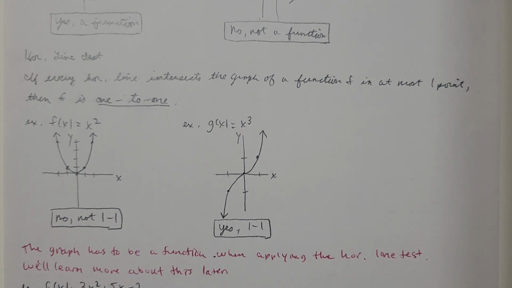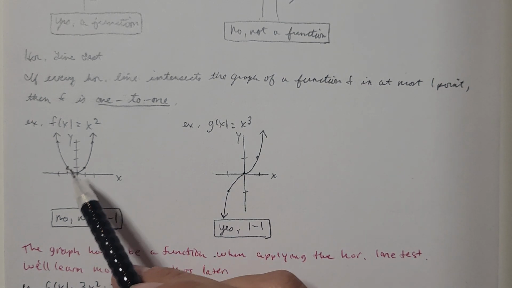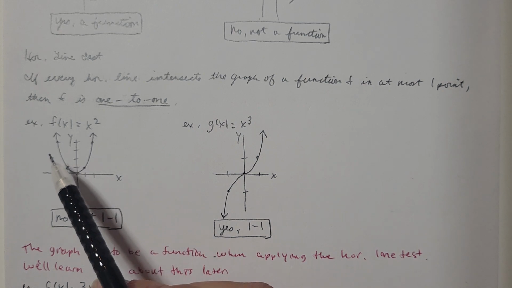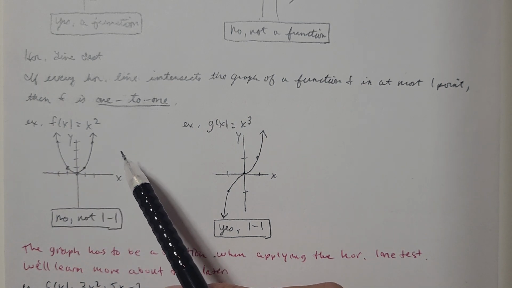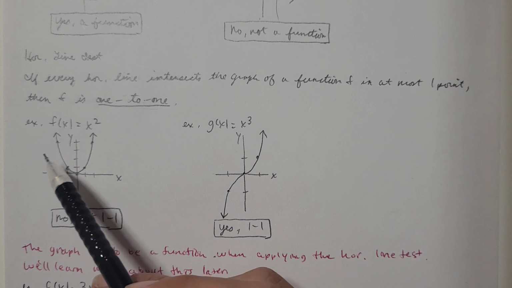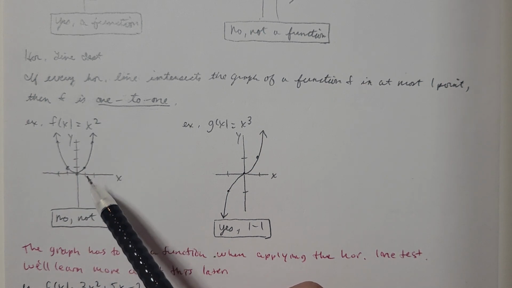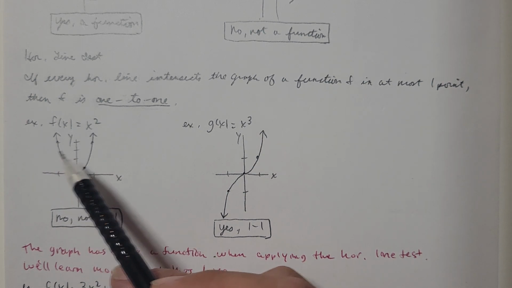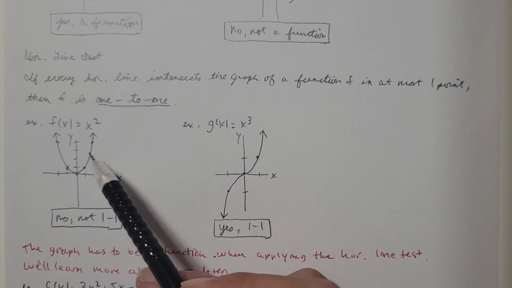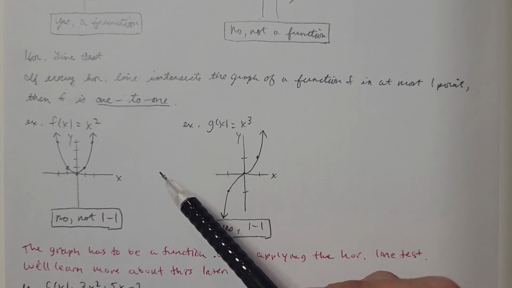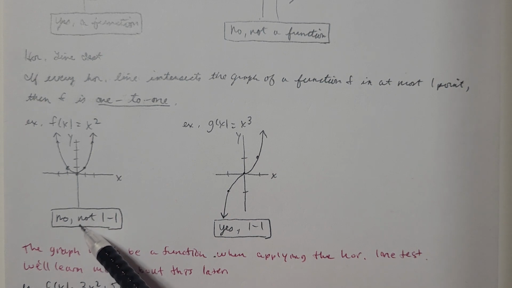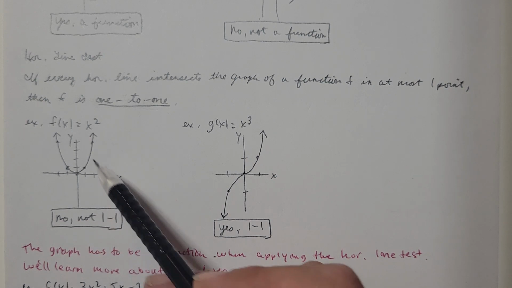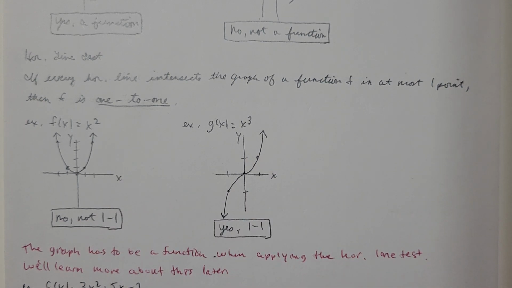So let's see. Here's a parabola. If I apply the horizontal line test, that's not going to work. If I draw a horizontal line anywhere above the x-axis, I'm going to intersect the curve in 2 points. So this would not be an example of a one-to-one function.